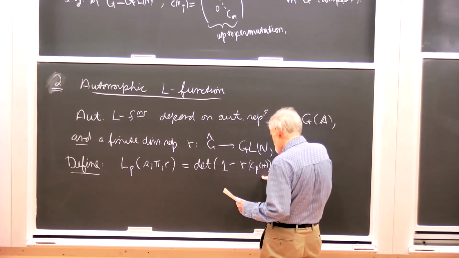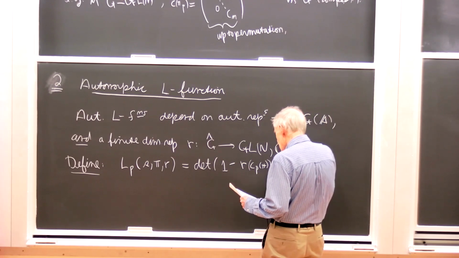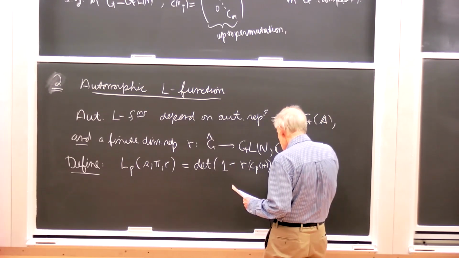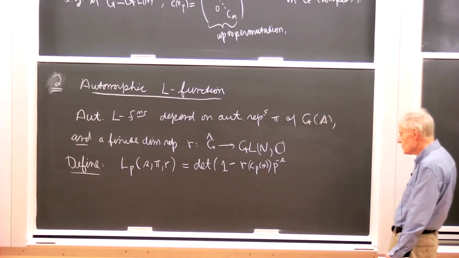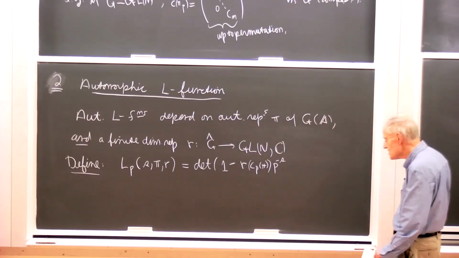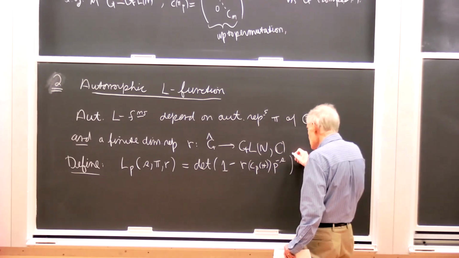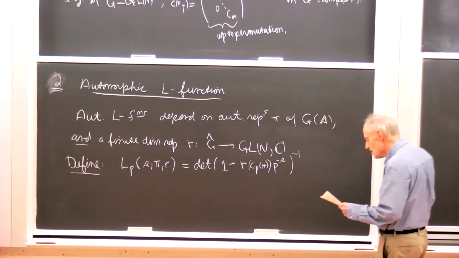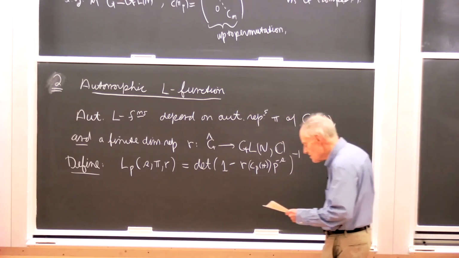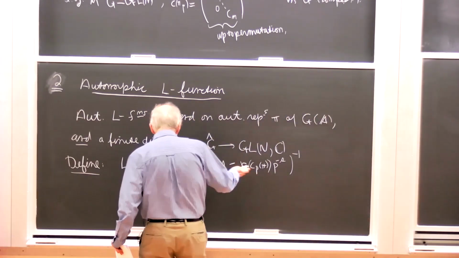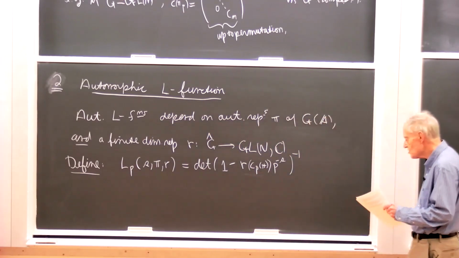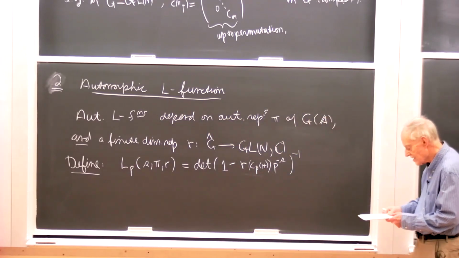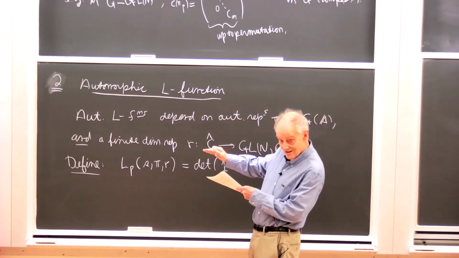This is basically the characteristic polynomial, which, rather than x, we take at p to the minus s, and we take the inverse of that characteristic polynomial. So this is essentially the characteristic polynomial of this semi-simple conjugacy class in GL_N. So that's the local constituent.